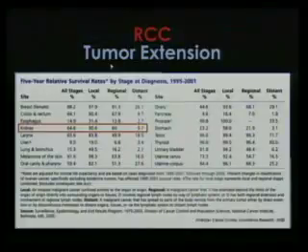It's ranging from 90% to only 10%. It's very important to have early stage, and with cross-sectional modalities, we now have patients asymptomatic in up to 40% of the cases.